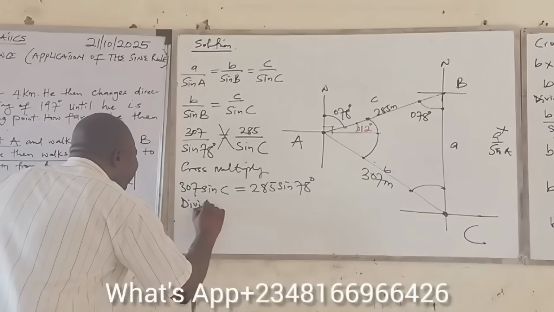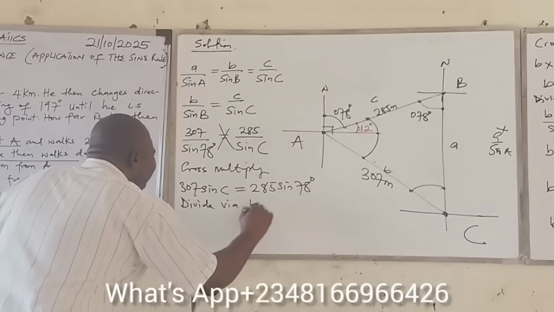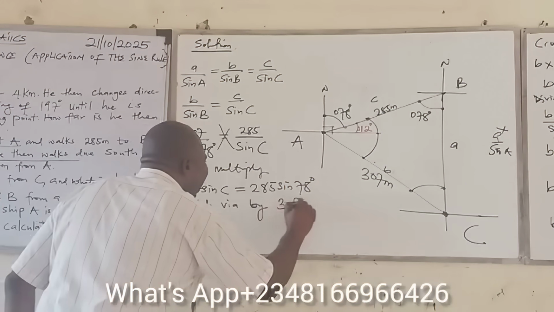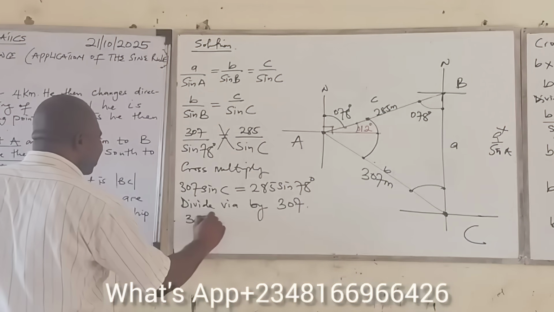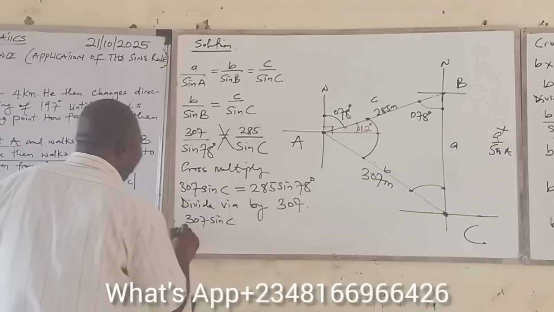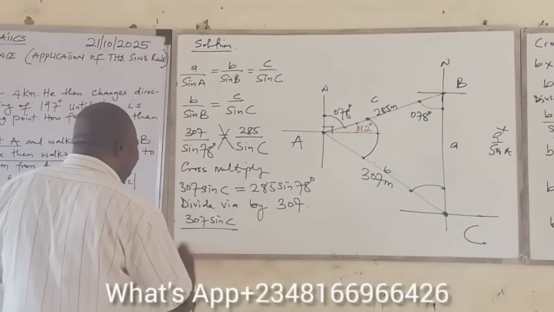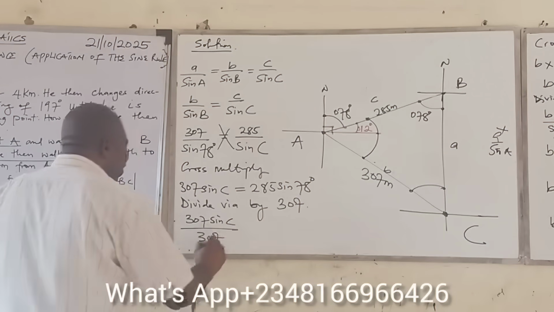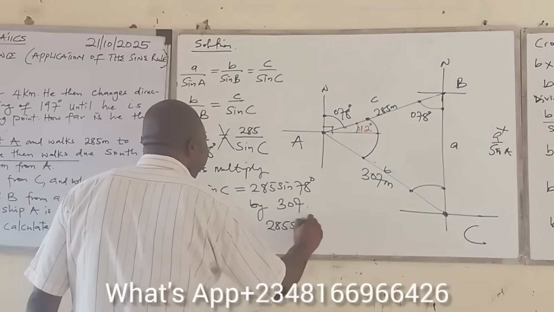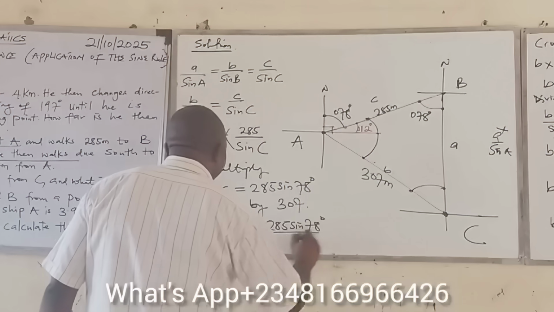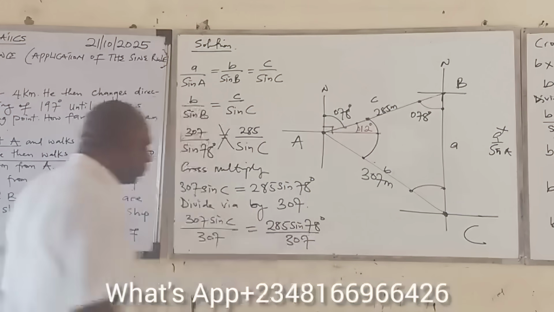So you divide through by 307. Here we have 307 sine big C all over 307 is equal to 285 sine 78 degrees all over 307.